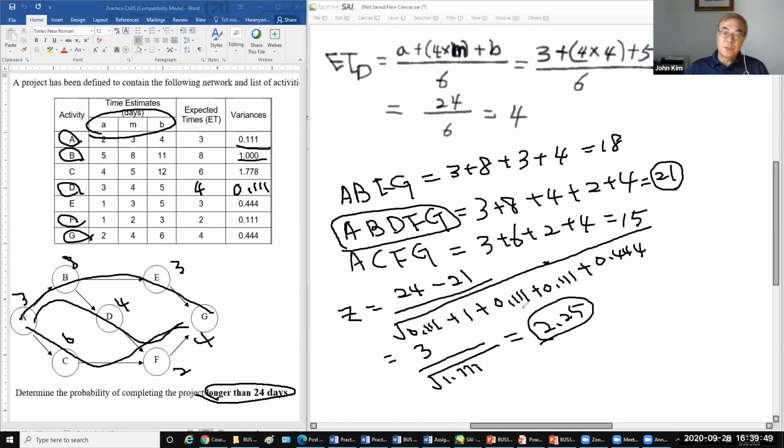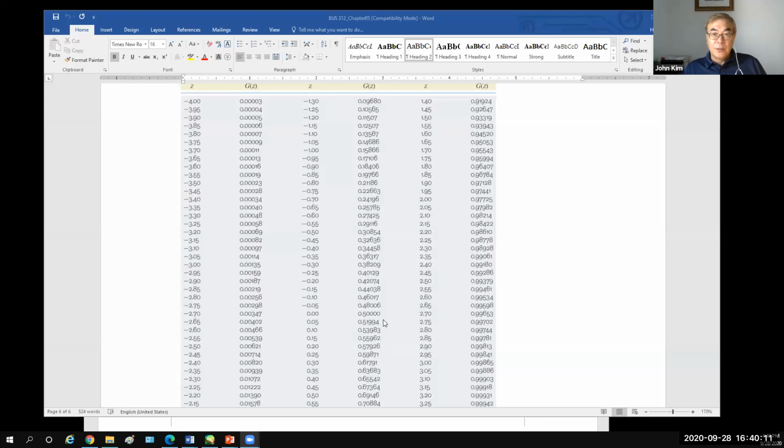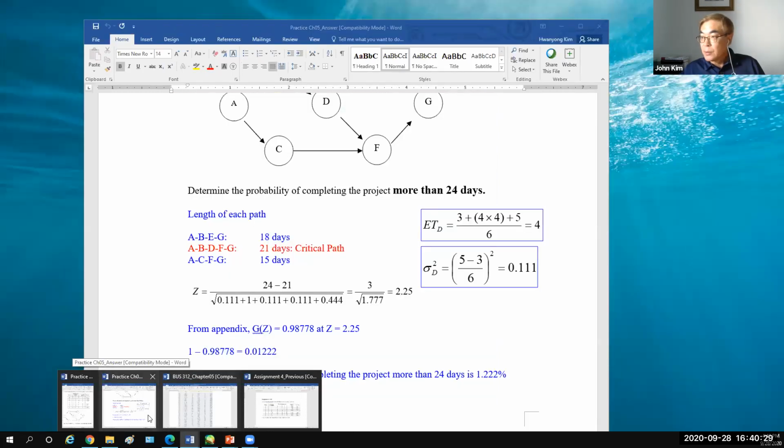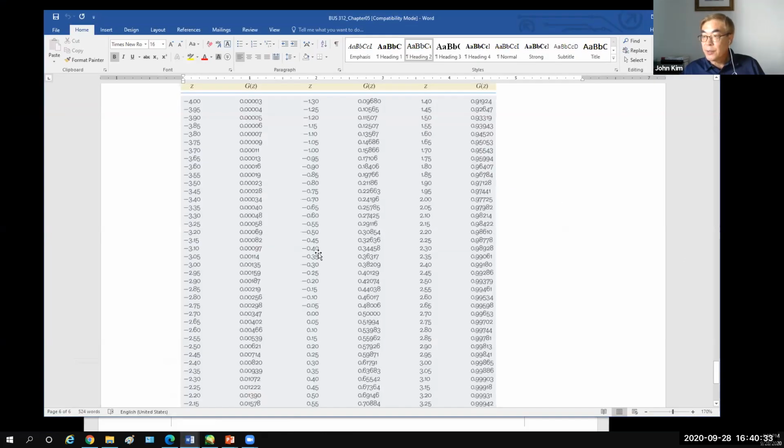So from the chart, find 2.25. Fortunately, we can find the exact one.